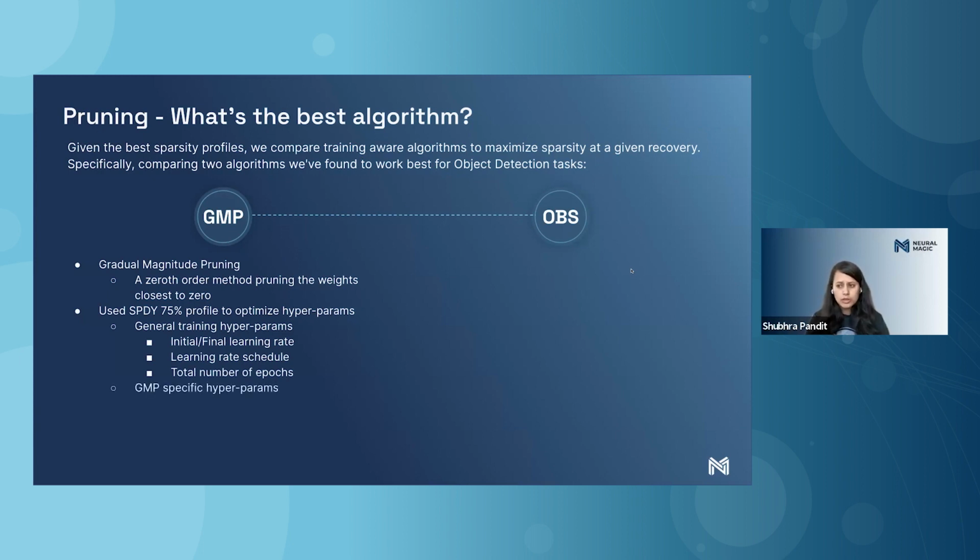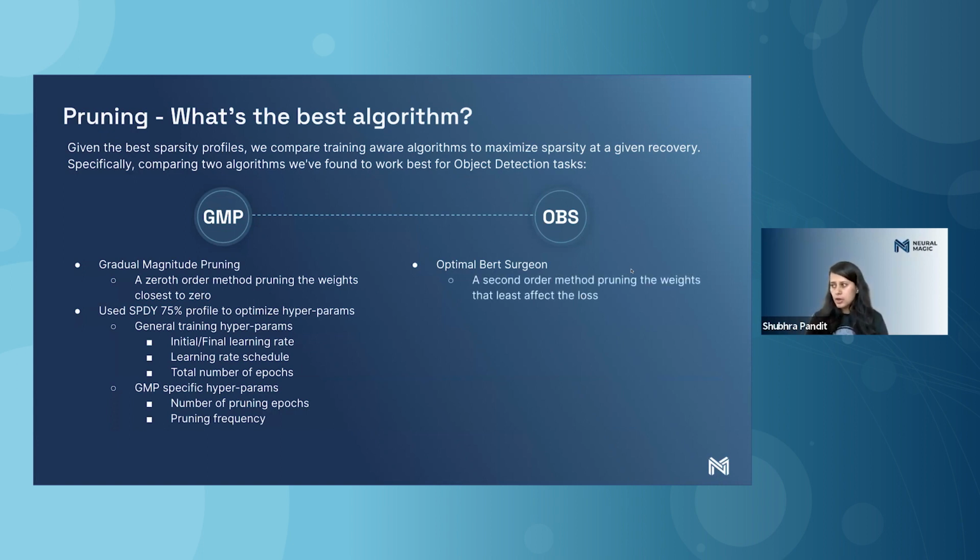And we also tried searching for the best GMP-specific hyperparams, like the number of pruning epochs within these total number of epochs that gave us the best result, and the pruning frequency, either linear or cubic, what worked better for this GMP pruner.